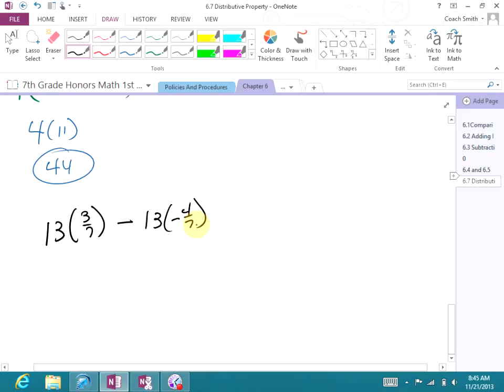Okay, so what's the common factor in each term? 13. So the 13 comes outside the parentheses. Inside we have 3 over 7 minus negative 4 over 7. I'm going to erase those parentheses and put it like this. Okay, now here's where most people would make their mistake.